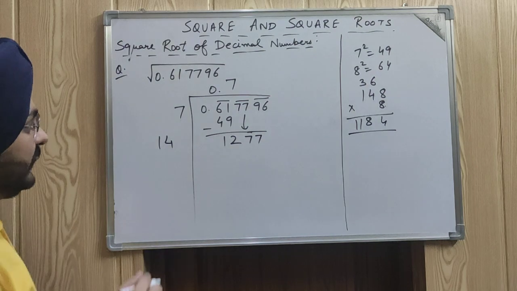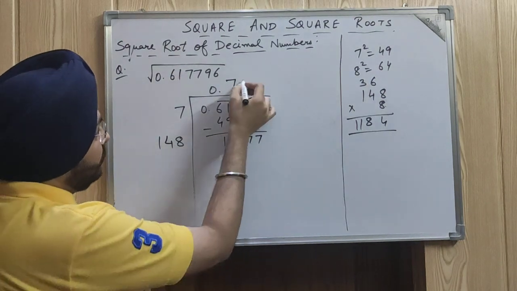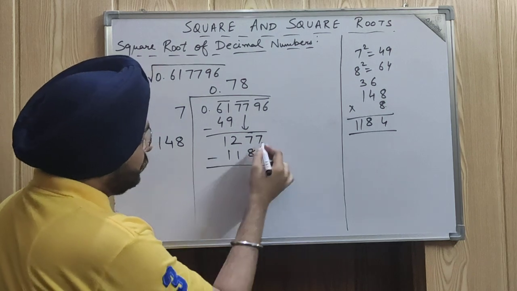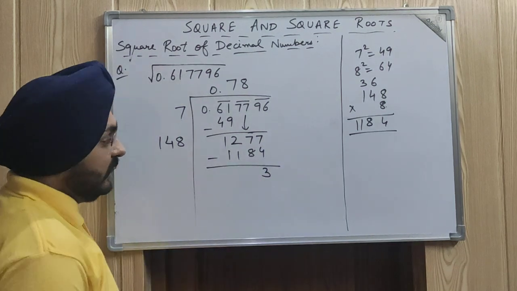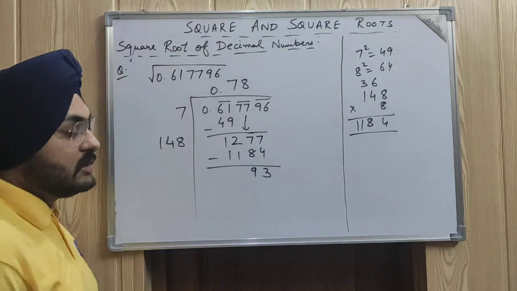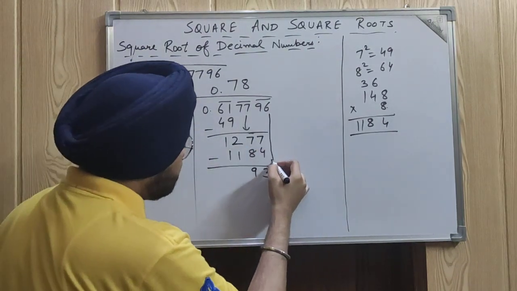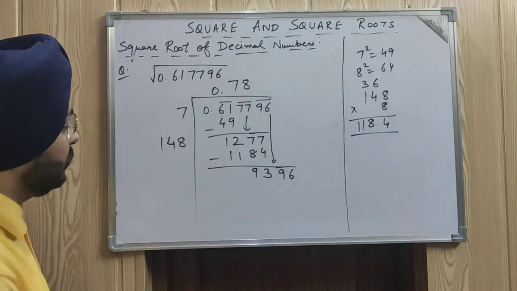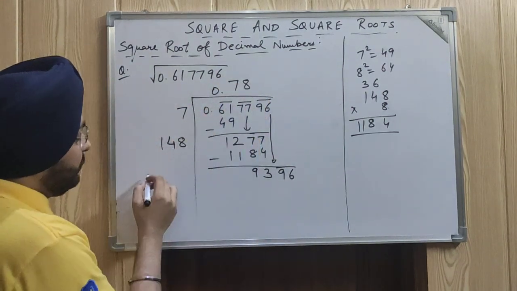So it will be going with 8 only. So 148 into 8 will become 1184. 7 minus 4 will be 3, 17 minus 8 will become 9, 1 minus 1 will become 0 only. Then this 96 will be coming downwards. You know the whole pair will be coming downward. 148 plus 8, what will it become?